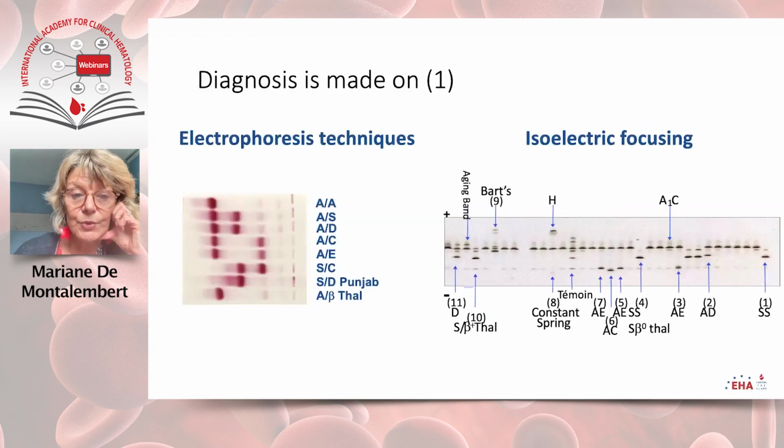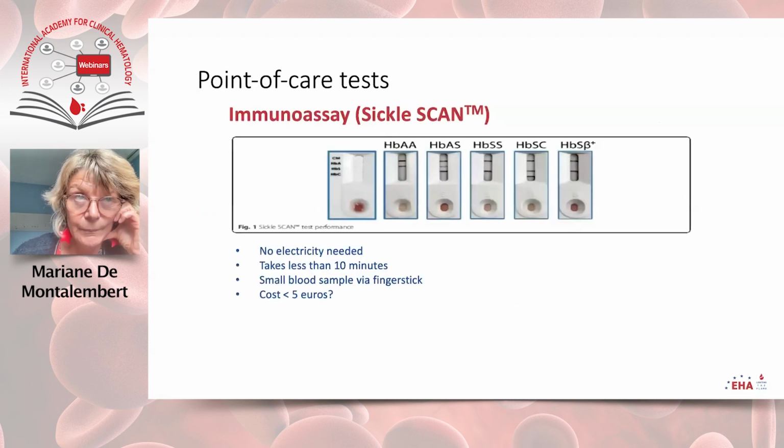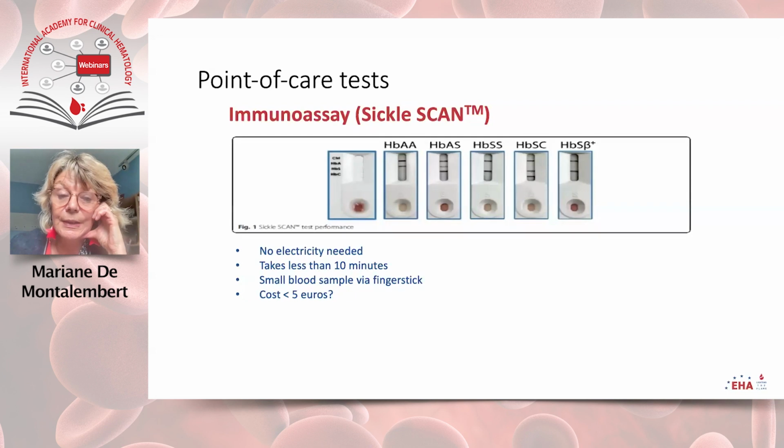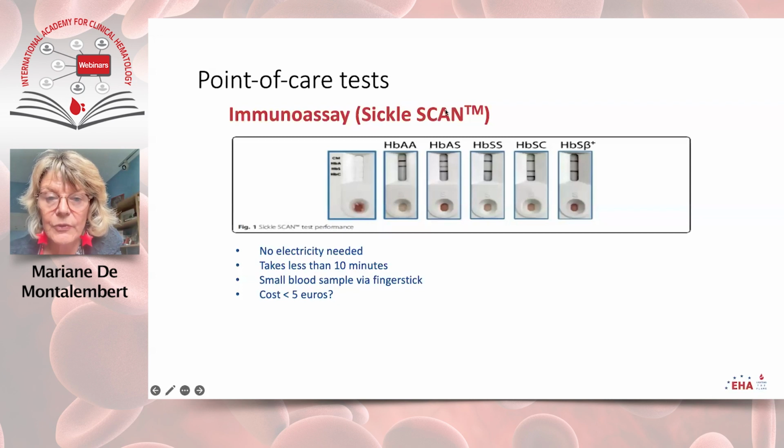There are several techniques: electrophoresis, isoelectric focusing, and HPLC. But these techniques are rather expensive and cannot be performed in Africa most of the time, where different techniques have been developed, such as immunoassay. This one is called a Sickle Scan. No electricity is needed.